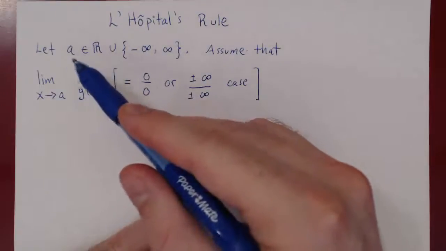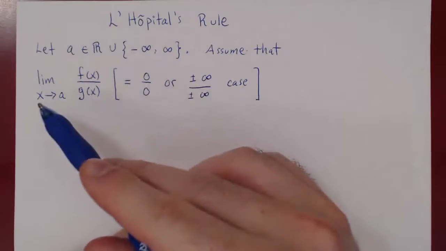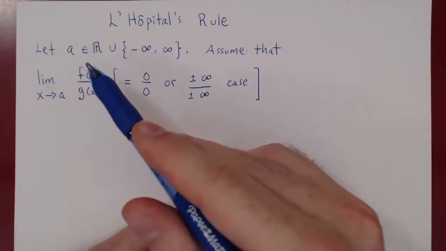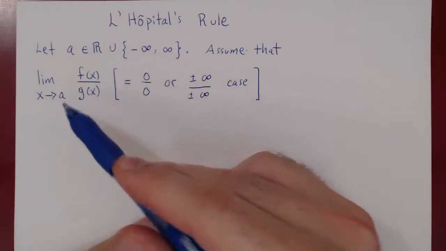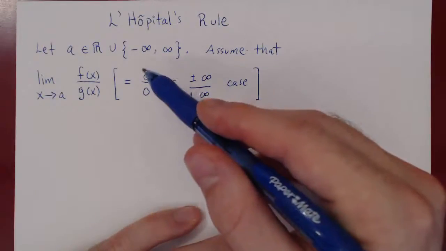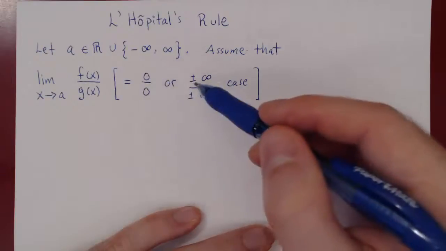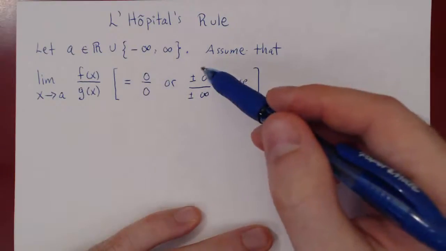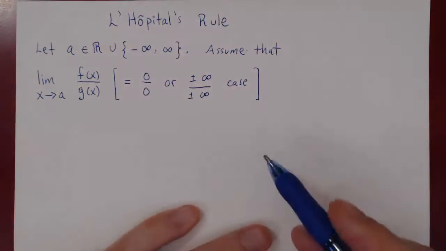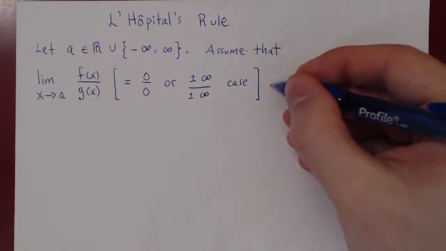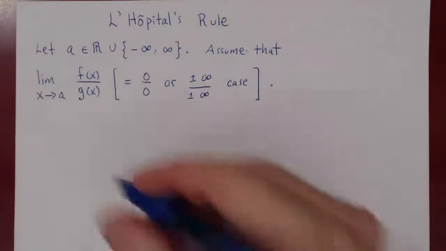So this is the assumption in L'Hôpital's rule. You have an extended real number a, and you consider a limit of the form f of x over g of x as x approaches a, as long as you get a 0 over 0 case, or an infinity over infinity case. Here's what L'Hôpital's rule says. This is our only assumption.